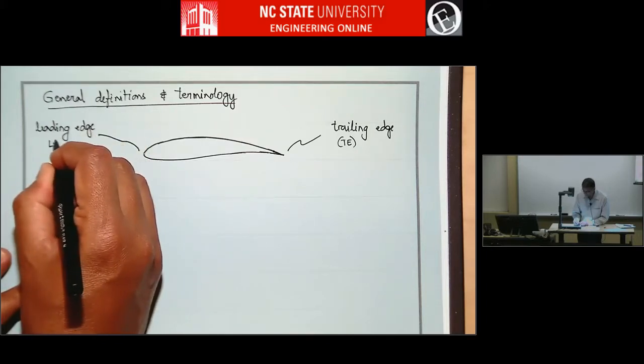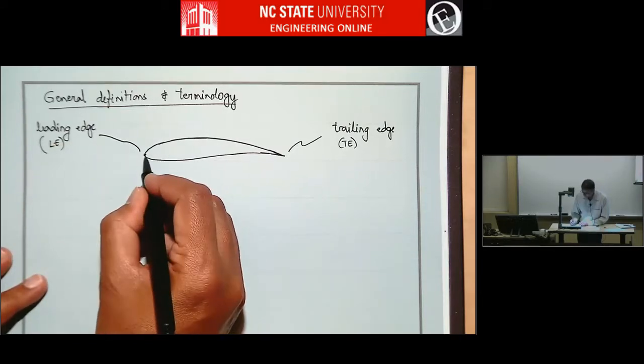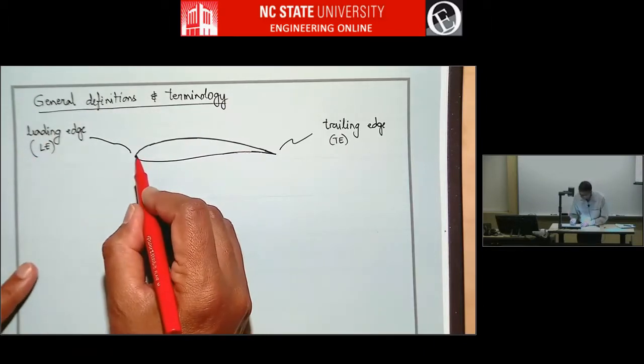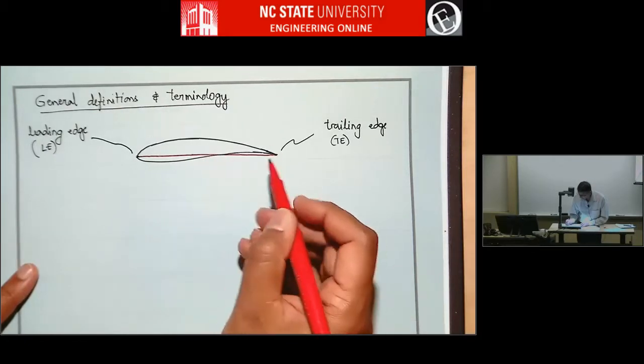And that's usually this point. And if you draw a line connecting the leading edge and trailing edge, that's the chord line.